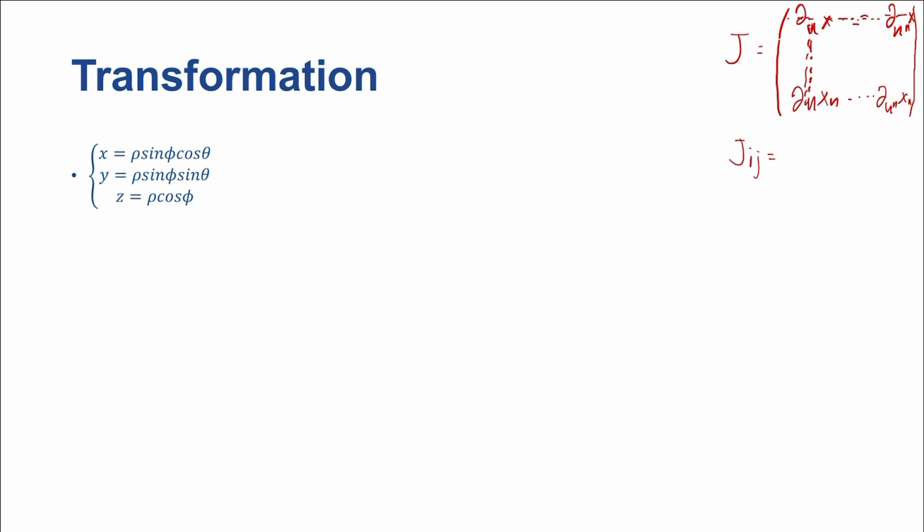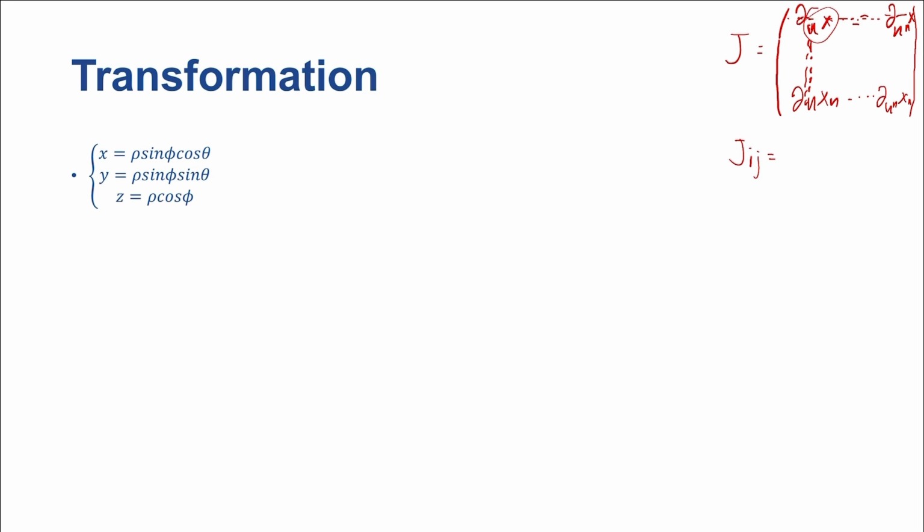So in the ijth component, we're taking the partial derivative of the ith component with respect to the jth transformation variable.